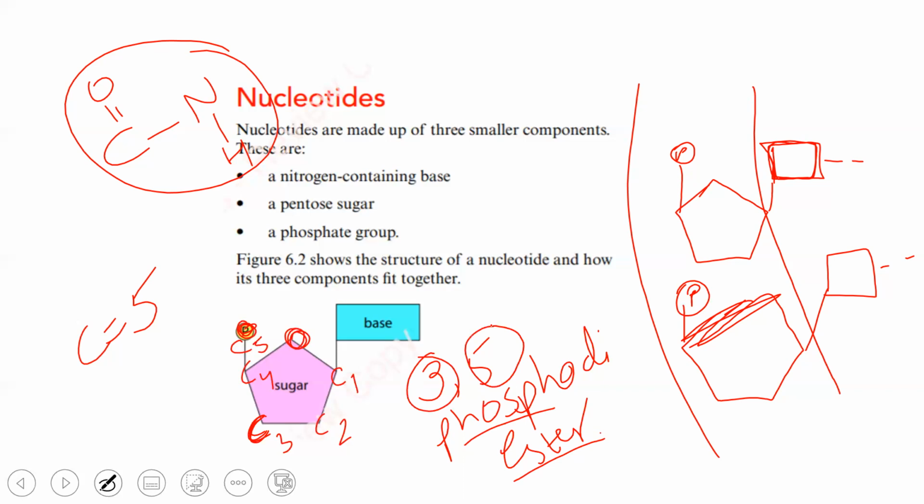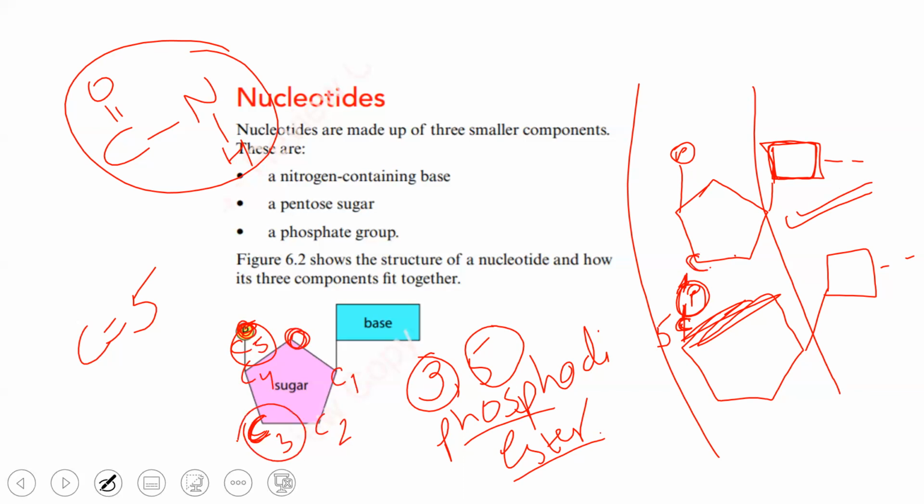The carbon 5 is over here, attached to the phosphate. This carbon 5 with the phosphate in the center comes below this nucleotide and forms a bond, keeping the phosphate in the center, with the carbon over here.